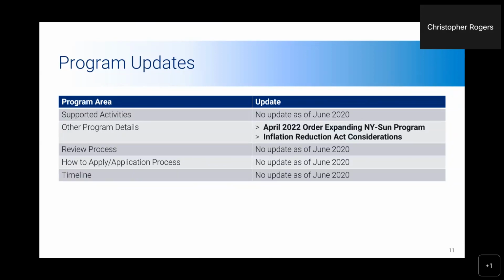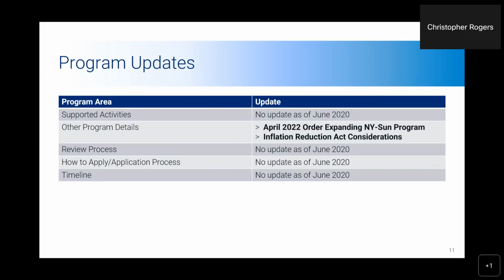There's a whole host of changes in incentives and adders affecting projects in the upstate region, as well as projects in the Con Edison region, which would include a range of any type of multifamily housing in the Con Edison region.